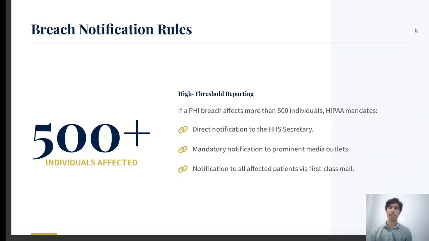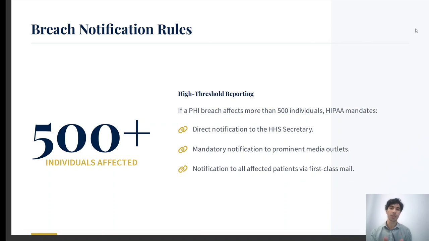Okay, so after all that, if a breach of the PHI, the protected health information, happens and it affects more than 500 individuals, then HIPAA mandates the organization to do the following things. The organization must send a direct notification to the Health and Human Services Secretary.